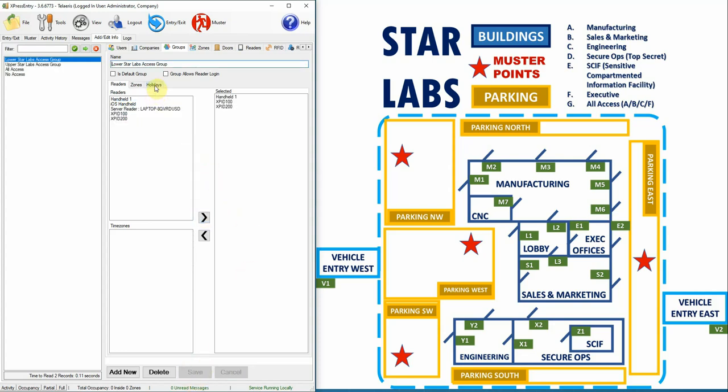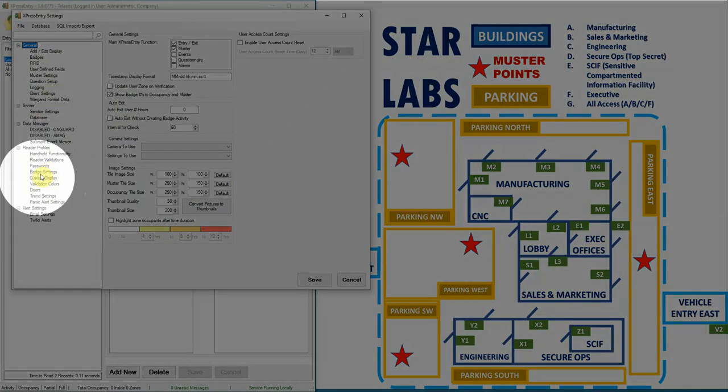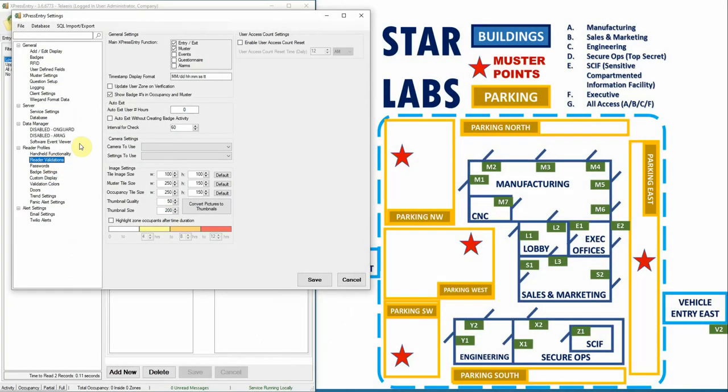Now, once you've given access to the groups, you can assign these groups to different users in any way that you want. And in your system, those users will have access to these zones, readers, and specialized time zones, depending on how you want to authenticate. So in order to enable the authentication methods, you go into settings, and it is reader validations.